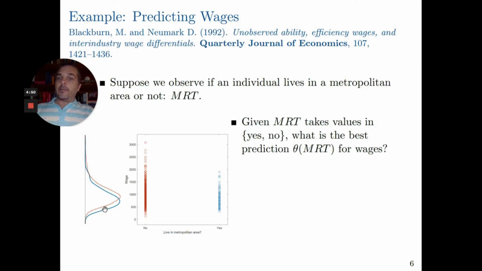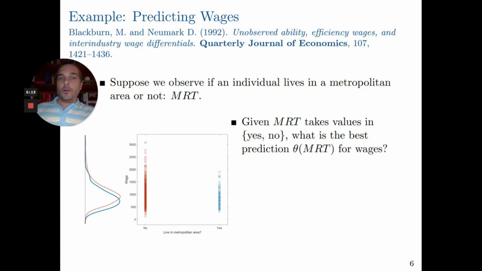See that one curve is a little bit shifted to the left, or here shifted upwards. Okay? So the mean is slightly different for people that live in a metropolitan area and people that live in a rural area. Okay?